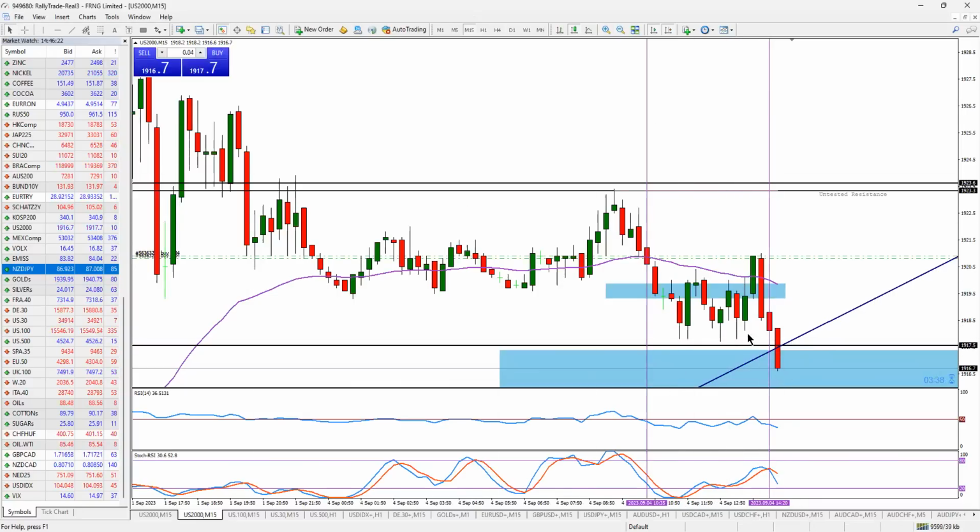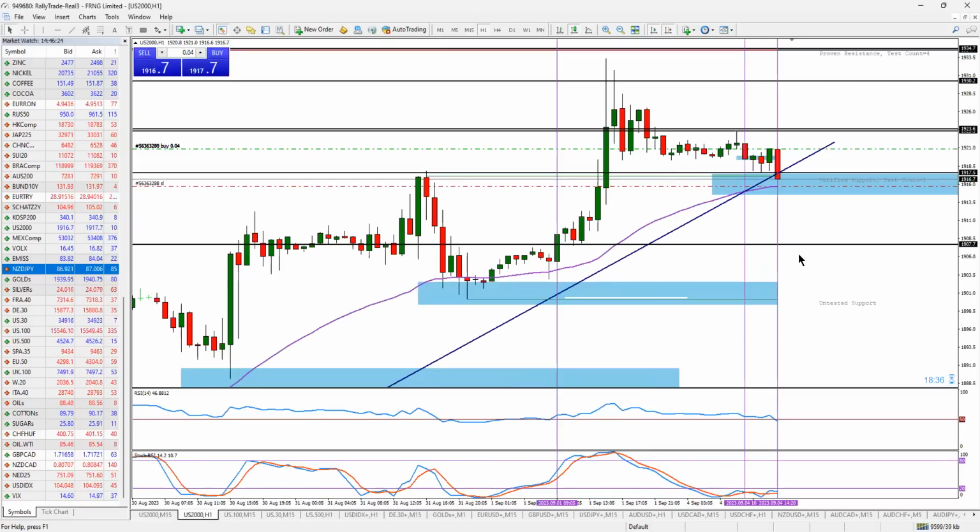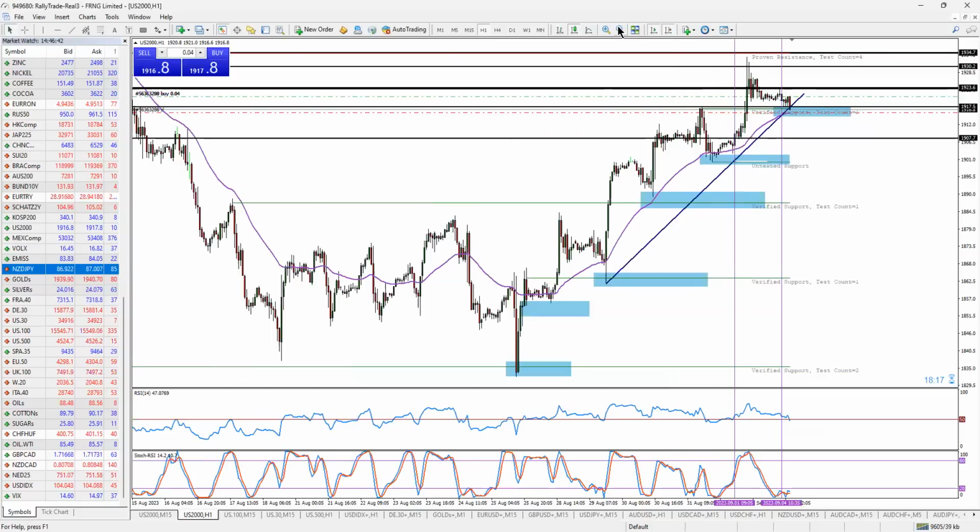It's broken it. It's going down. On 1 hour now, look at RSI trying to go down. If it can break below this moving average, then you know that uptrend is gone, and then you're looking for sells or a downtrend.